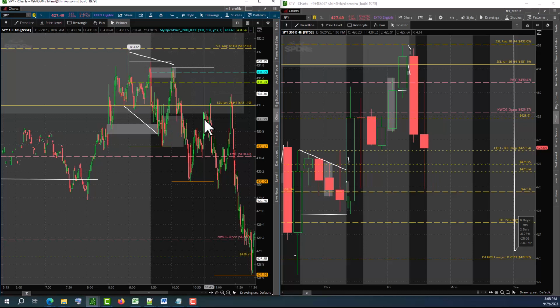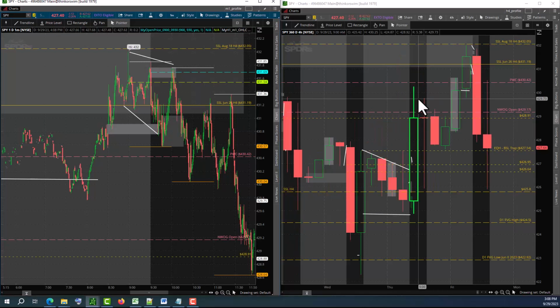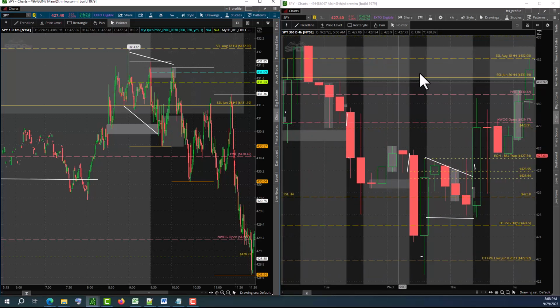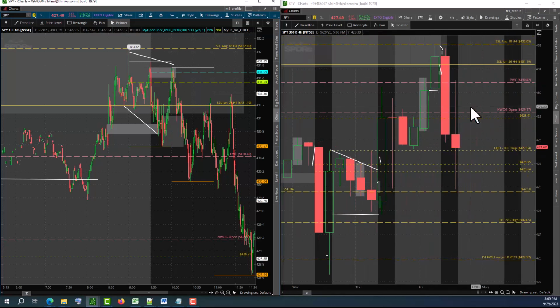So basically we go short when we see it retest the bearish order block right here. The reason we go short is because this one opened above this candle close.